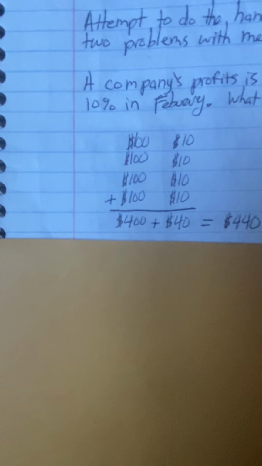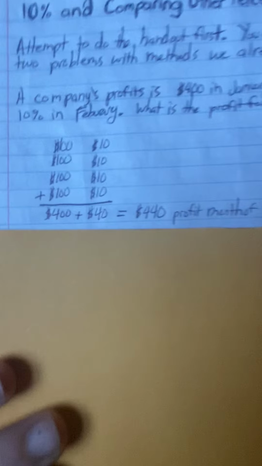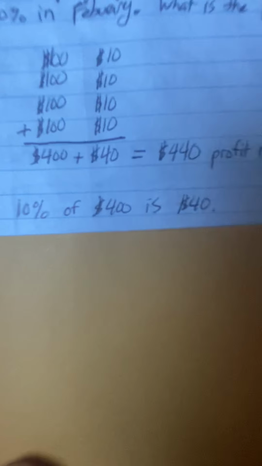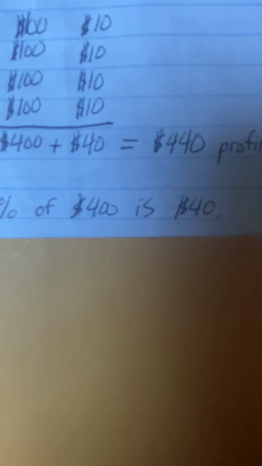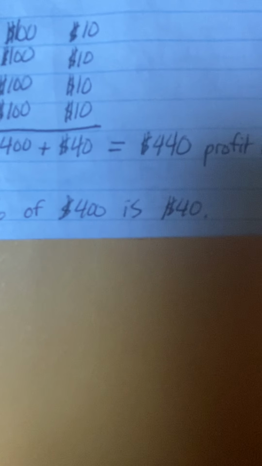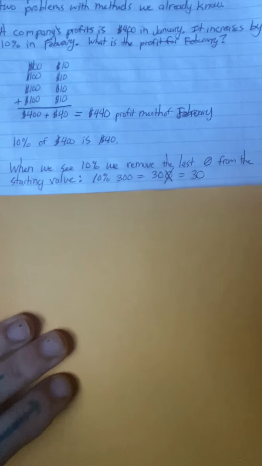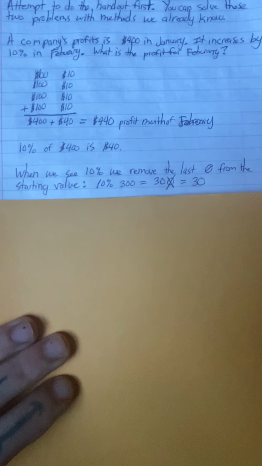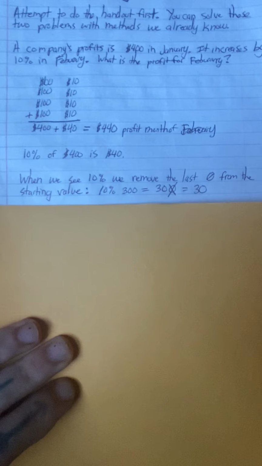So what happened here? What do we go through? 10% of 400 is 40. If you look at those two, we just drop that last zero off of the 400 to get that 40. And we can see that that's true in the other problem too, and in this example I came up with. So when we see 10%, we remove the last zero from the starting value.